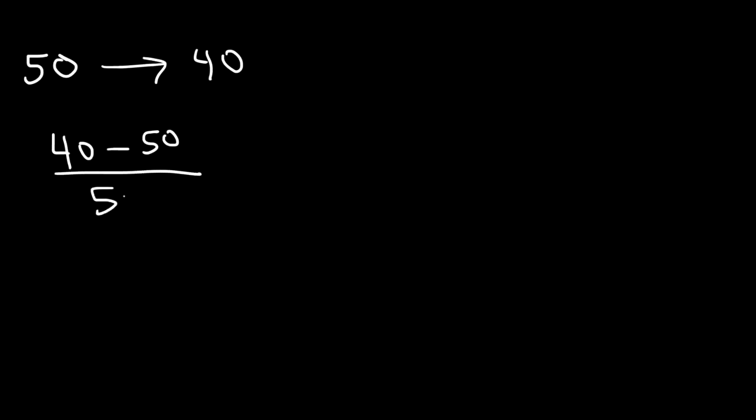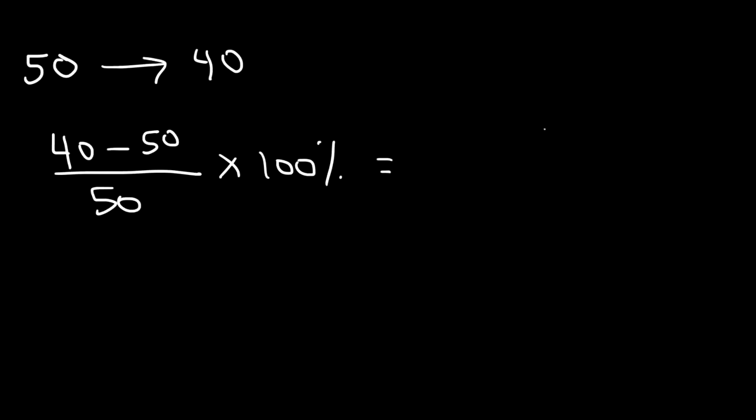So let's say we have 50 decrease to 40. This is going to be a percent decrease because the new value is less than the original value. Go ahead and calculate the percent change. Now your answer has to be negative. The new value is 40, the original value is 50, and then we need to divide it by the original value, and then multiply it by 100%.